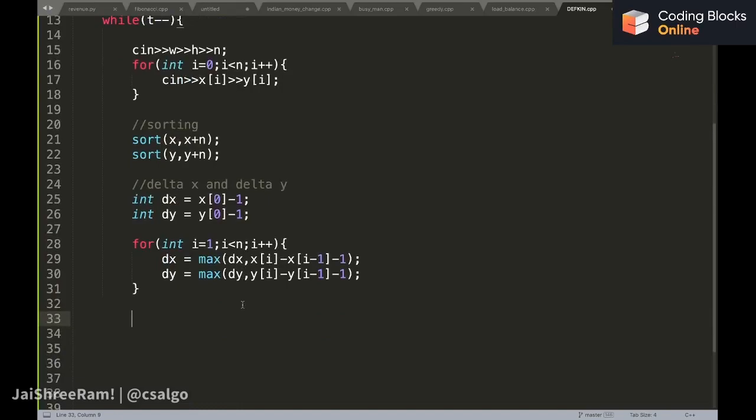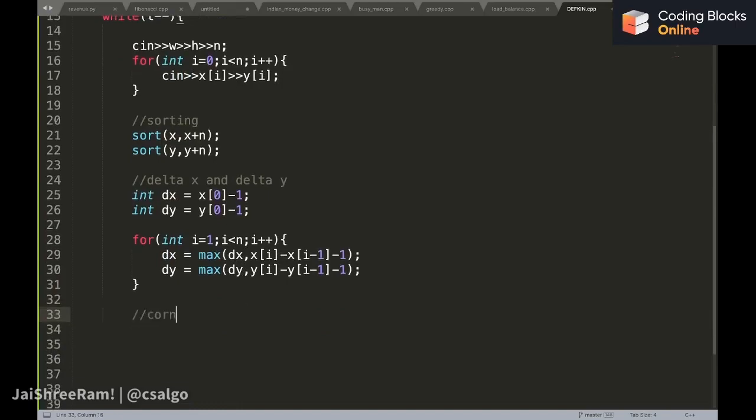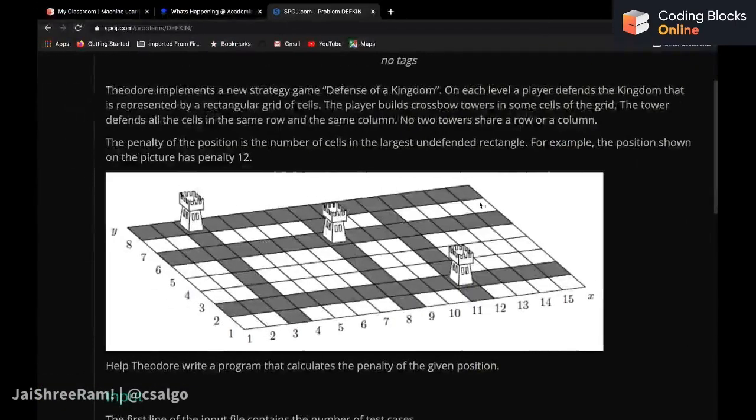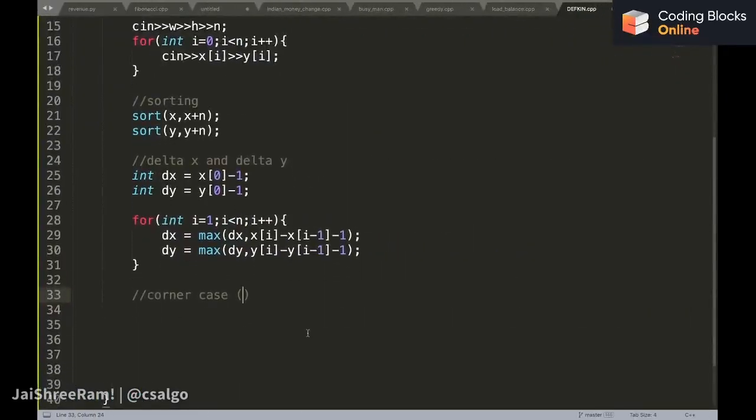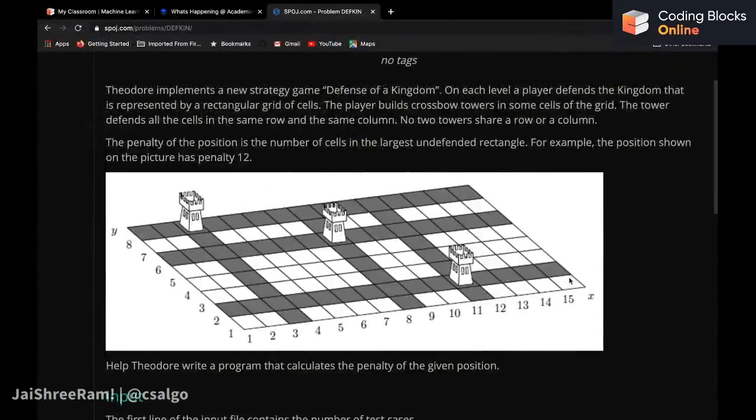And finally we have to consider the corner case when the grid is ending. Okay, so this case, from the end of the grid to the last tower, the last tower is in the n minus 1th index. So last tower to grid end, that is nothing but dx will be maximum of dx, and in this case when we are computing this, we don't have to subtract 1.